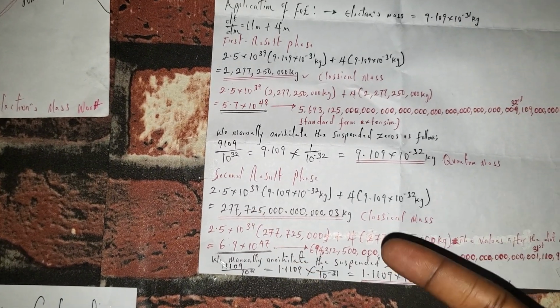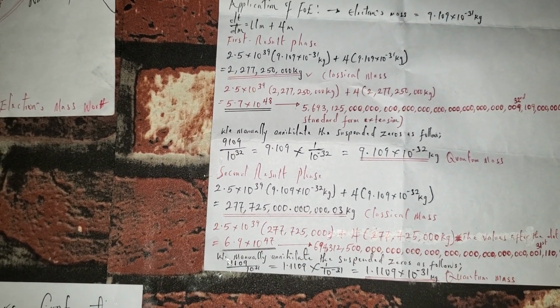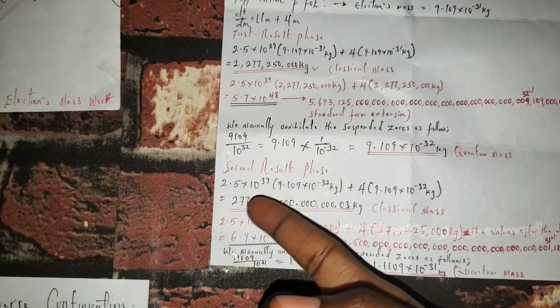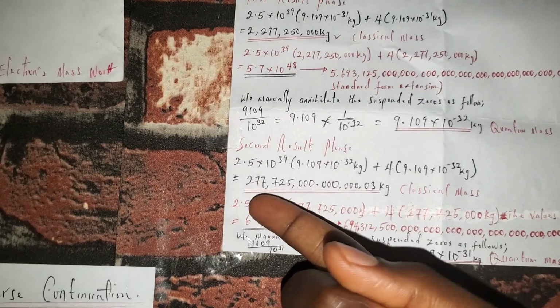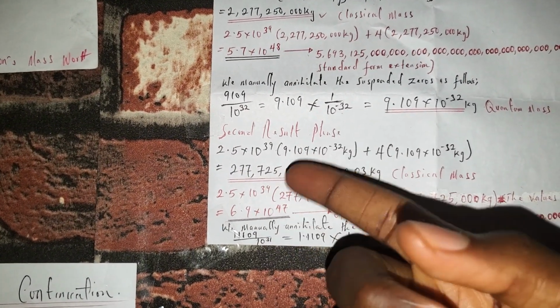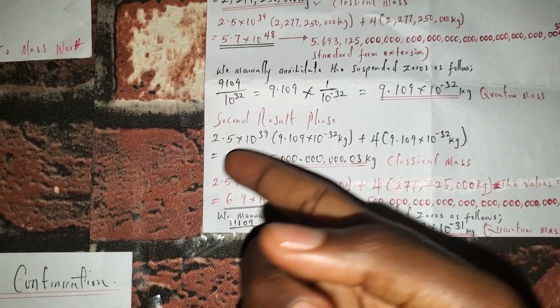Now you can see that the slight decaying effect at quantum level has resulted in a big decaying effect at classical level. We have almost 2 billion worth of classical mass being decayed.